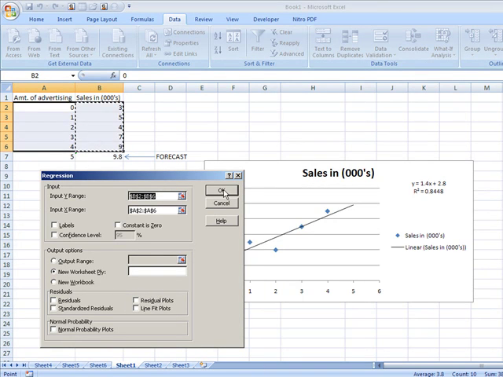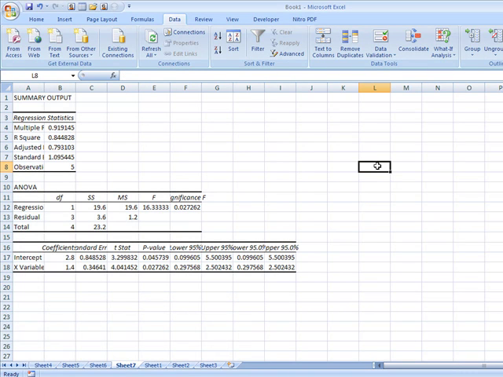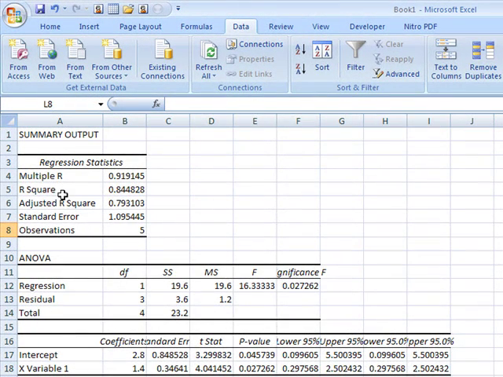Let's click on OK, and we see a lot of data, but let's just point out two things from here. Number one, we have two things we know from before, namely the R value, called multiple R, 0.92, which is what we just found, the correlation coefficient, and the R square value, the coefficient of determination, which is 0.84.